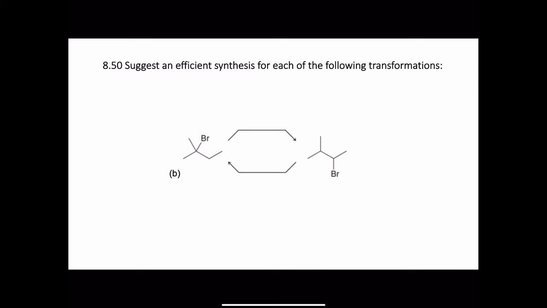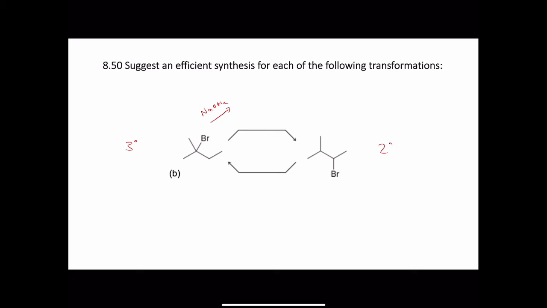In B, I'm going from a tertiary alkyl halide to a secondary alkyl halide. So what I'm going to have to do is an elimination and then an addition reaction. If I treat the tertiary alkyl halide with a non-hindered base like sodium hydroxide, or let's pick sodium methoxide for fun, sodium methoxide is a non-hindered base, and since this is a tertiary alkyl halide, I'm not going to get any substitution.